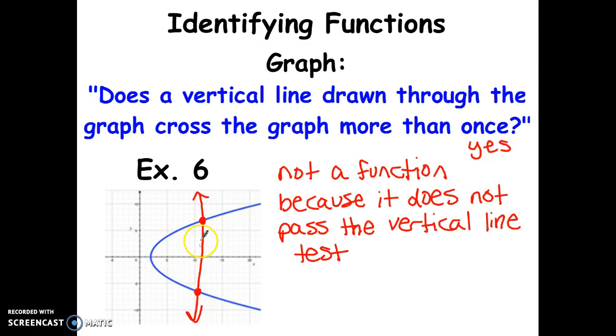Okay. Now we could be more specific. If it weren't as blurry, we could take note of what the actual x value was. And we could say, just like we did before, that at the number 11, at the x value 11, it had more than one output. But we can't really tell on this graph. So just saying that it does not pass the vertical line test is sufficient.